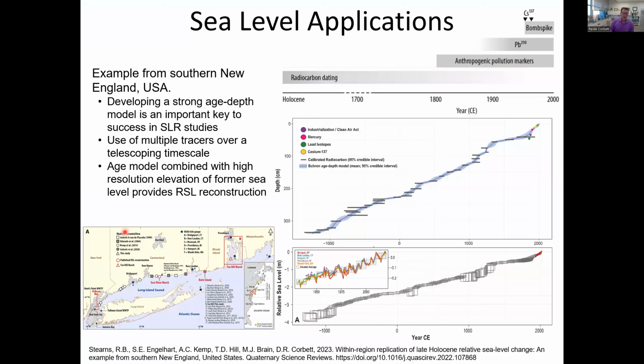More recently, a lot of my work has focused on sea level applications in partnership with a lot of very smart scientists. And my contribution has been developing some of the geochronometry for the last 120 years using lead-210 and cesium-137.